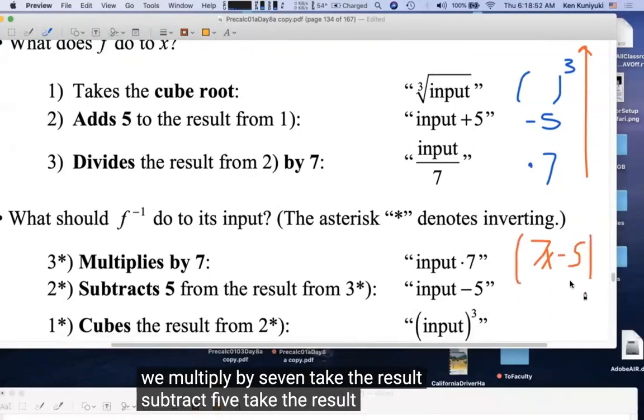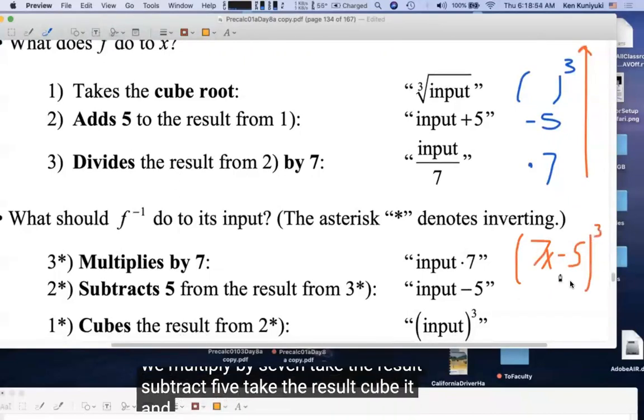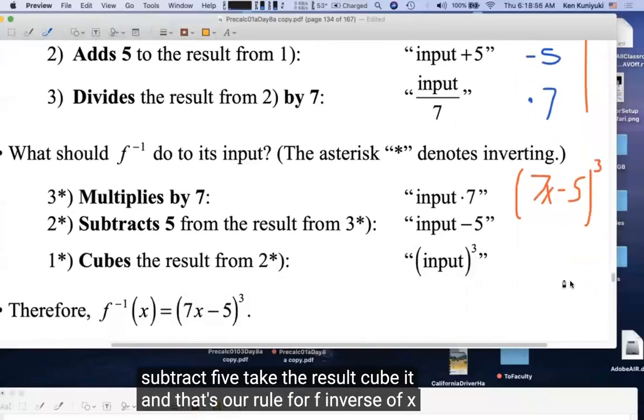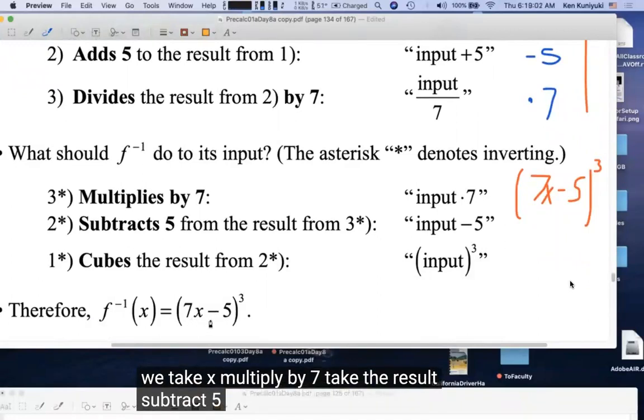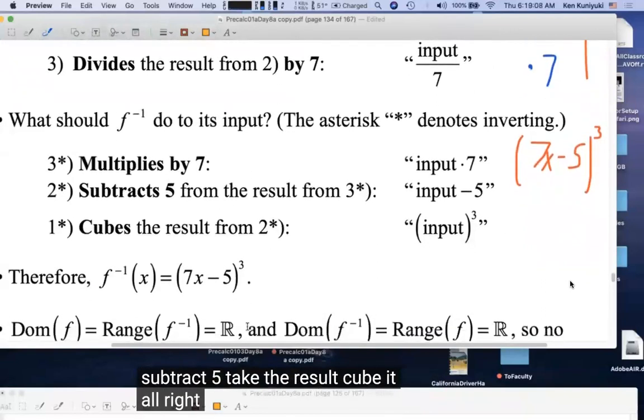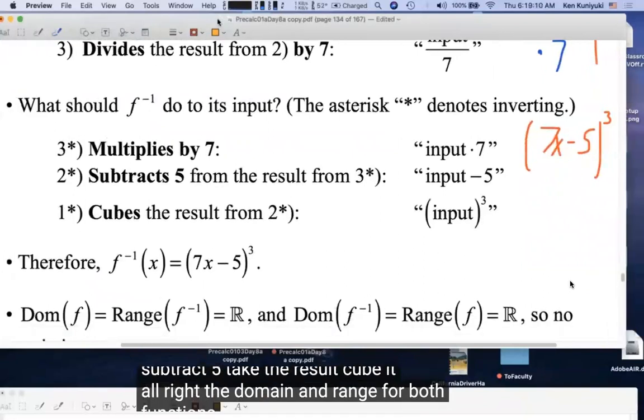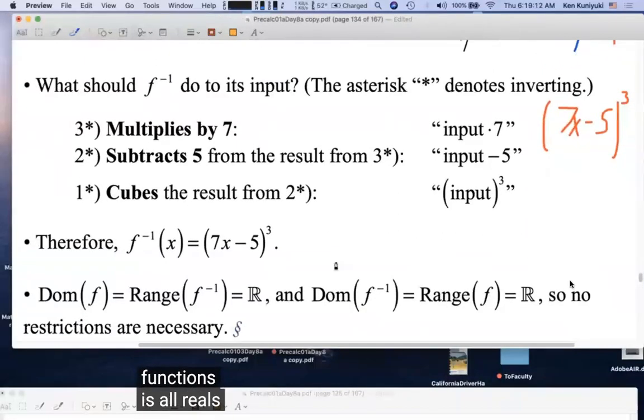Take the result, cube it. And that's our rule for f inverse of x, right here. The domain and range for both functions is all reals.